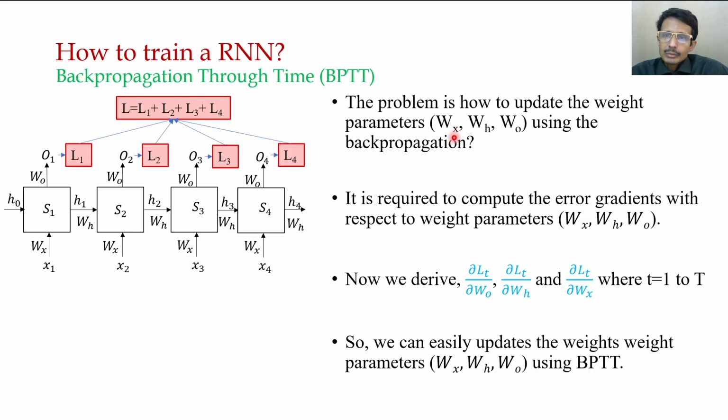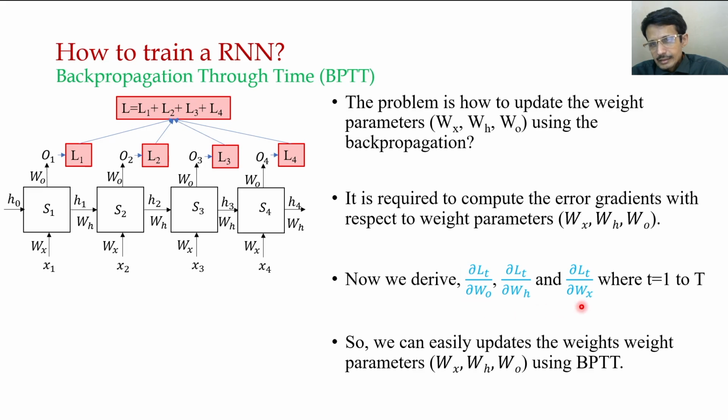So what we have seen is that the problem was to find Wx, Wh, and Wo, and using this BPTT algorithm we can find these weight parameters as this W of LTW. This is the basic error gradient, from 1 to capital T, where capital T is the number of time instances.